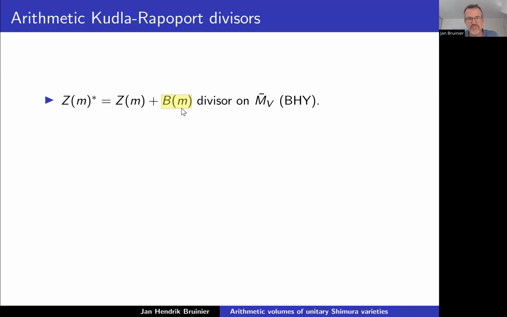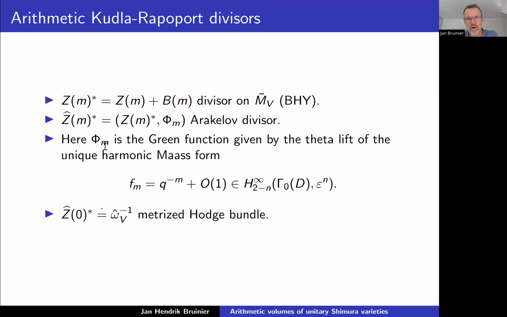You can basically forget about it. And then also you want to define an Arakelov divisor, so a divisor together with a Green function. And this gives you then a divisor Z hat of m, Arakelov divisor, which has a class in the first arithmetic Chow group. And this is given by the divisor Z(m) star together with a suitable Green function that is a Green function in the sense of Arakelov theory.